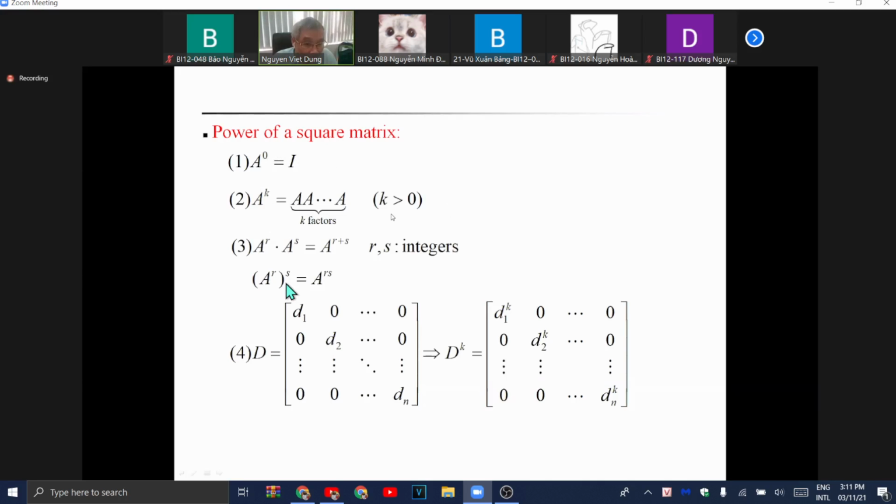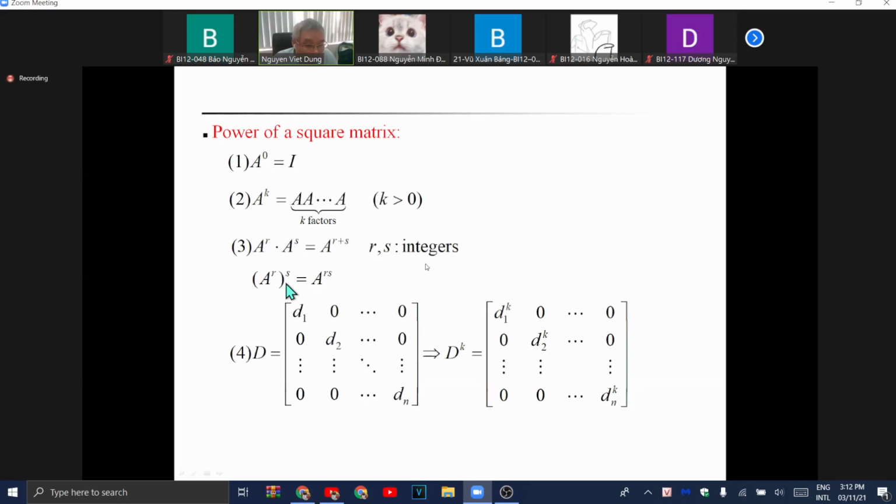Then for any positive integer k, we define A to the power k equals A multiplied by A multiplied by A, k times. We say k factors of A. And similar to the property of power of any number, we have property number 3 here.